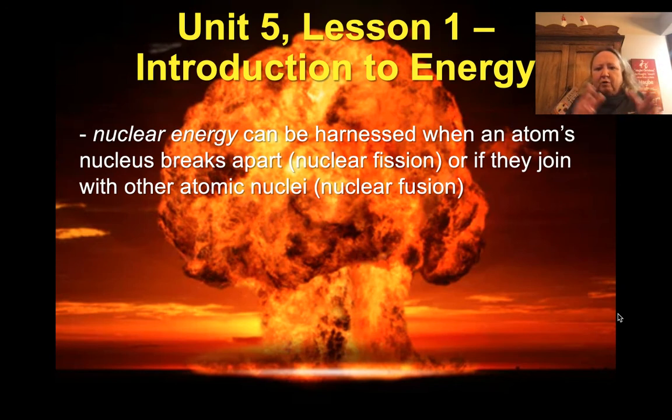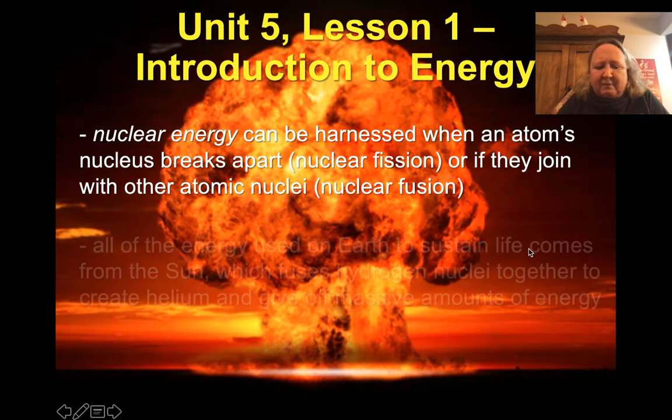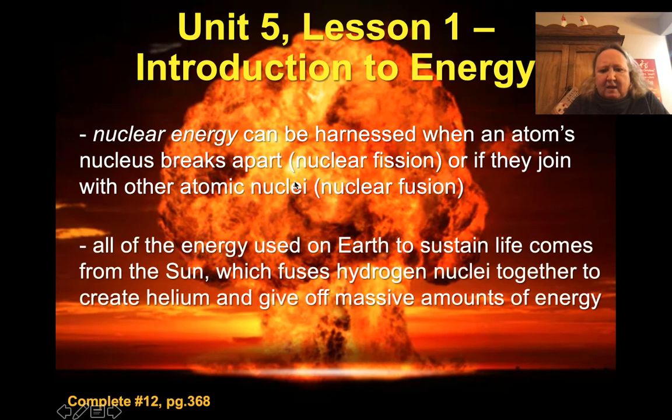It's broken apart. Or when nuclei, which is the plural, come together, that's called nuclear fusion. Either one of those processes releases a tremendous amount of energy, and that is called nuclear energy. If any of you are into history, that is how the United States ended World War II, by a bomb made from this type of energy.